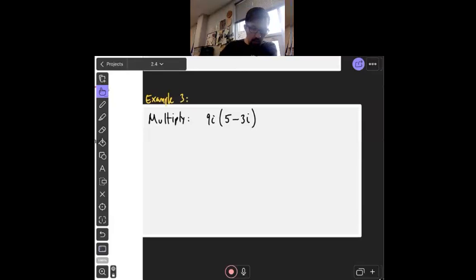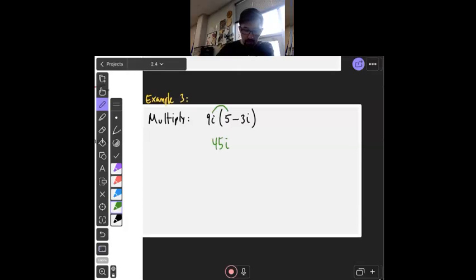All this is just a distribution problem. 9i times 5 would be 45i, just like 9x times 5. And the same way, 9i times negative 3i. If we said 9x times negative 3x, 9 times negative 3 is negative 27, and x times x is x squared. Well, i times i would be i squared.